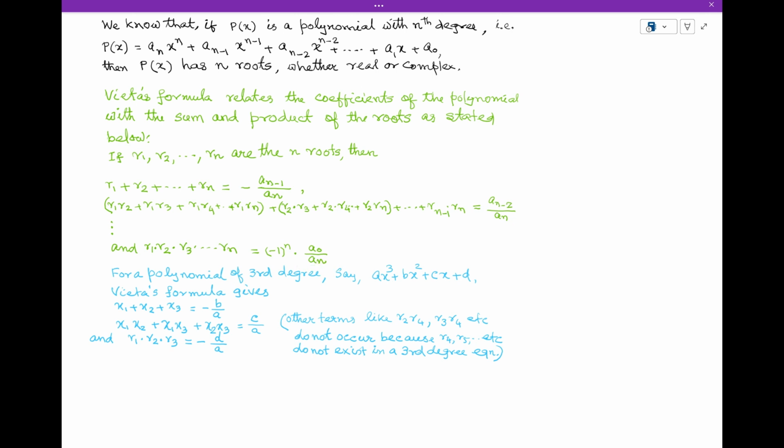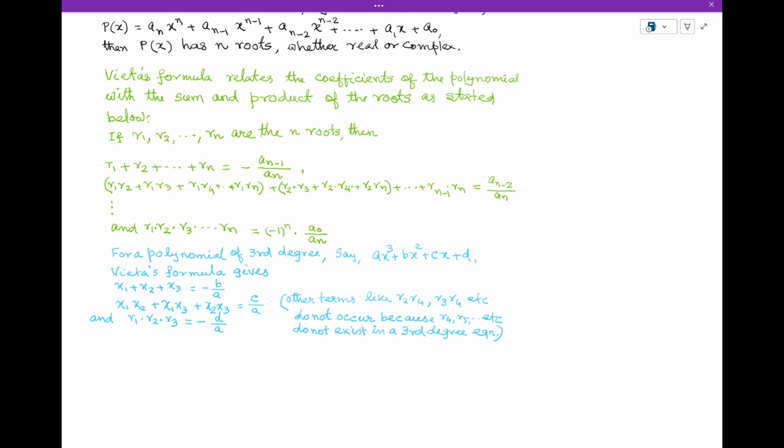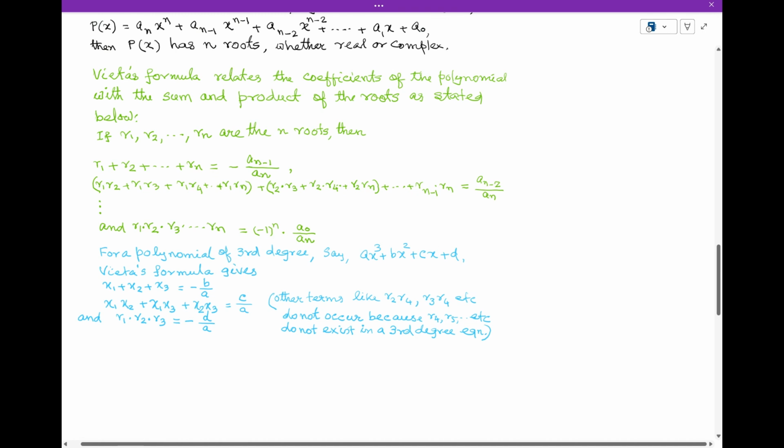For a polynomial of the third degree, say ax cubed plus bx squared plus cx plus d, Vieta's formula gives x1 plus x2 plus x3 is equal to minus b by a, x1 x2 plus x1 x3 plus x2 x3 is equal to c by a, and r1 multiplied by r2 multiplied by r3 is equal to minus d by a.